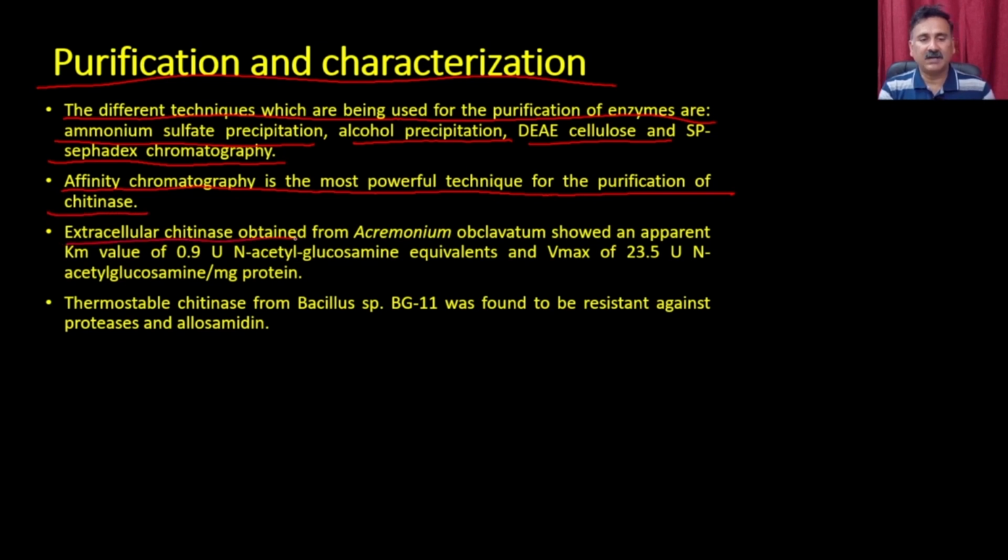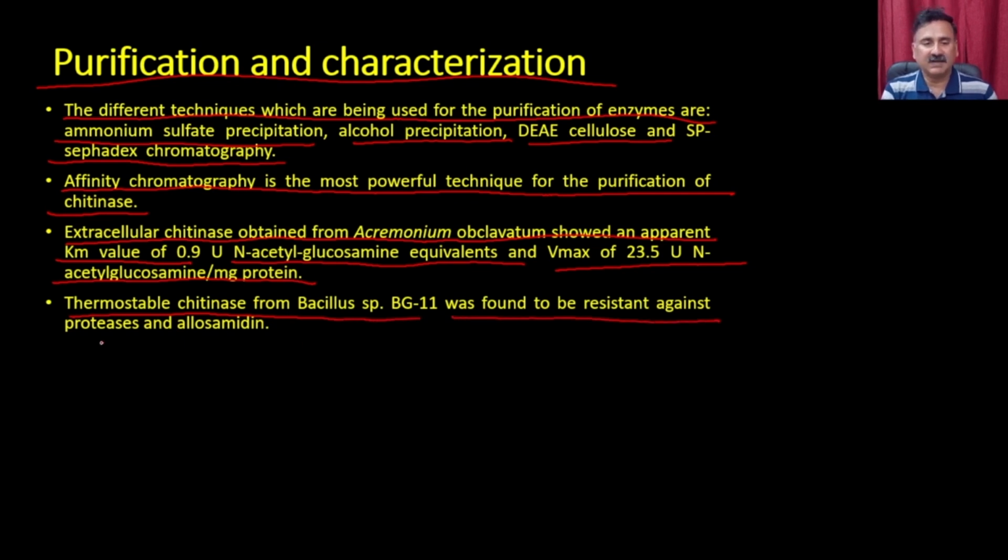The extracellular chitinases obtained showed an apparent Km value of 0.9 units against the N-acetylglucosamine equivalents and Vmax of 23.5 units N-acetylglucosamine per milligram of protein. Thermostable chitinases from Bacillus species BG11 were found to be resistant against proteases and the allosamidin.